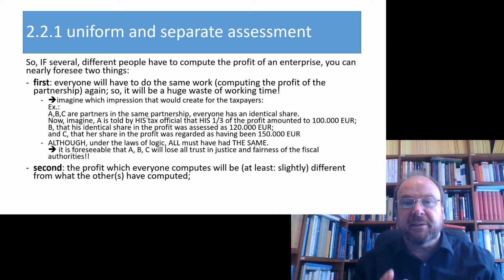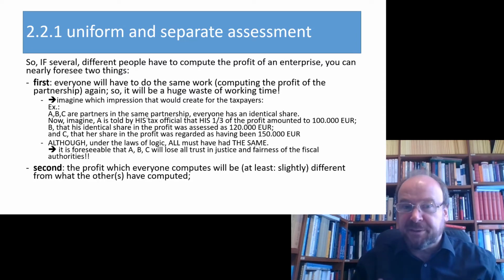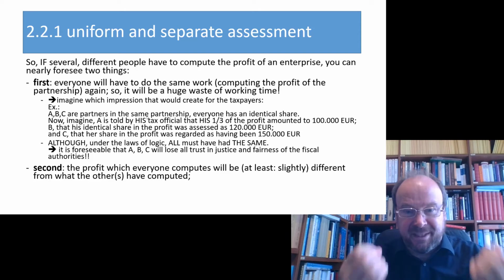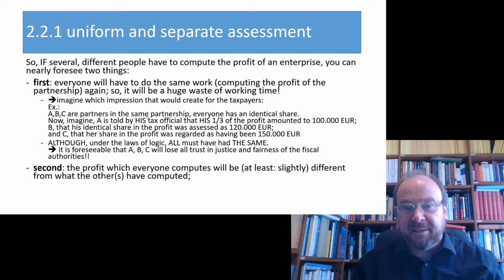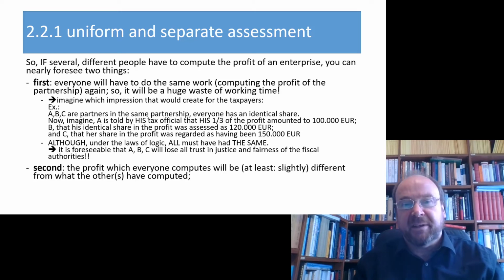Now, A, B, and C know one thing for certain. Each of us has 1/3 of the same amount, and 1/3 of the same amount must result in the same amount. So it cannot be that 1/3 is 100,000 for you, 120,000 for me, and 150,000 for you. That violates the rules of logic, and it will create a lot of trouble and legal discussions, and A, B, and C will probably lose all their faith in justice and fairness.